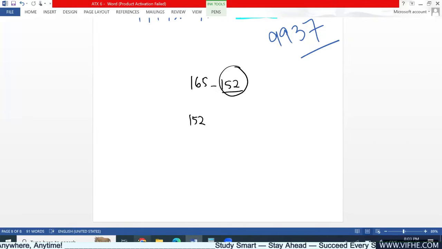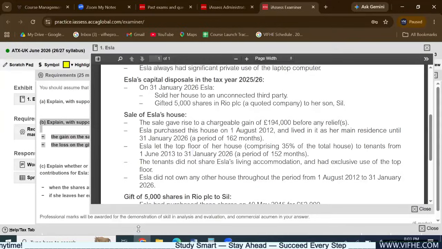This was a little bit tricky question. But could you see that the house was sold on 31st January 2026? And one thing we know, that for the 9 months before the date of disposal, whether you were living in the house, not living in the house, or partially living in the house and partially not, the last 9 months prior to the date of disposal will be considered as a complete period of occupation by the person who used to own the asset.